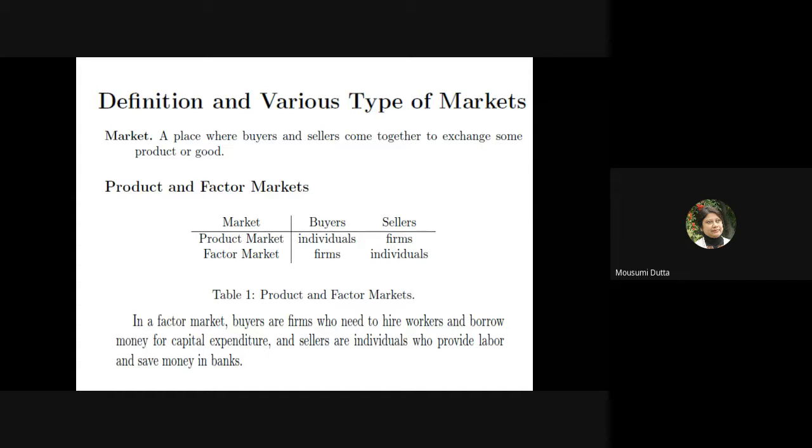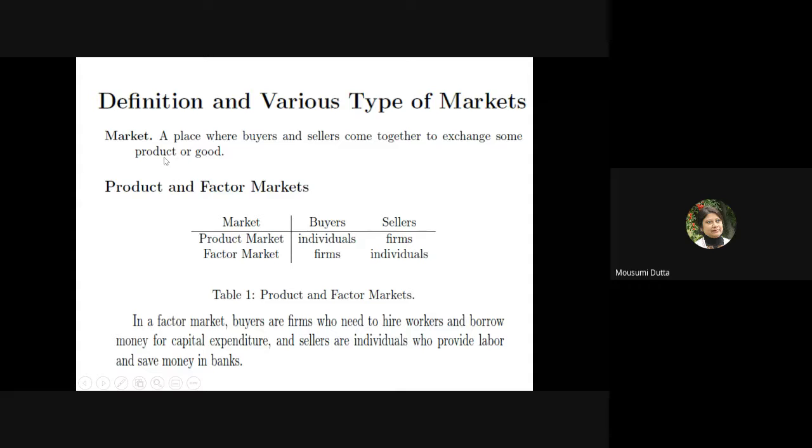Market is the place where these two groups meet each other, virtually or really. So market is a place where buyers and sellers come together to exchange some products or goods.